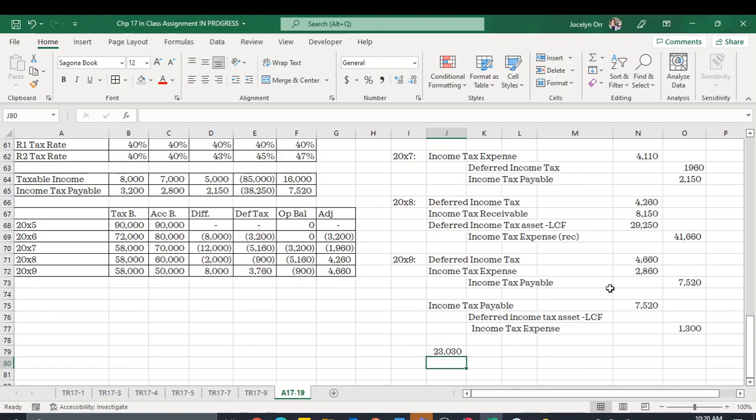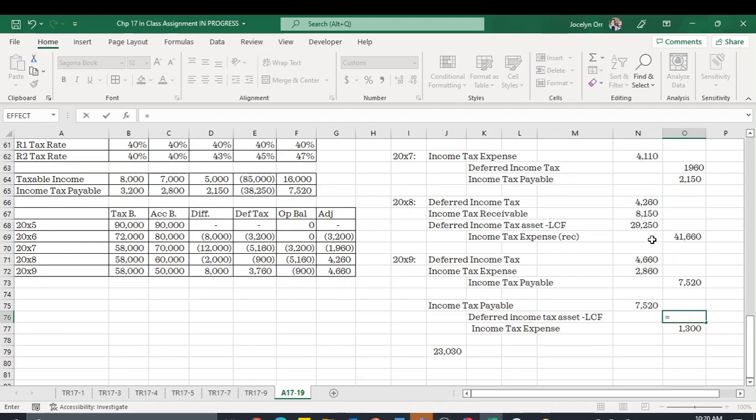But my opening balance was $29,250. So the adjustment that needs to be made to that account is going to be $6,220. Okay, the difference between those two based on the change in the tax rate.